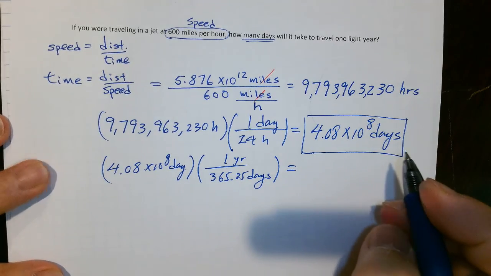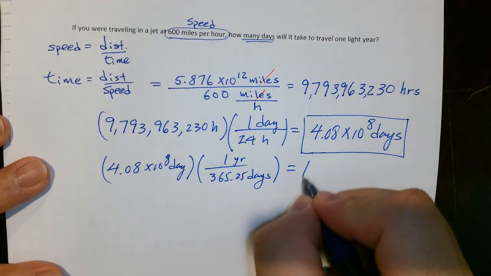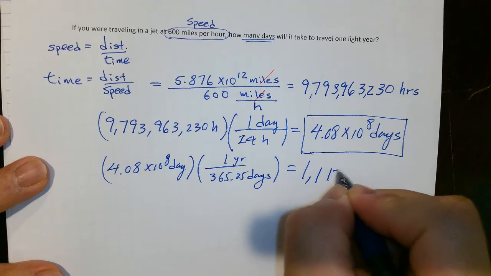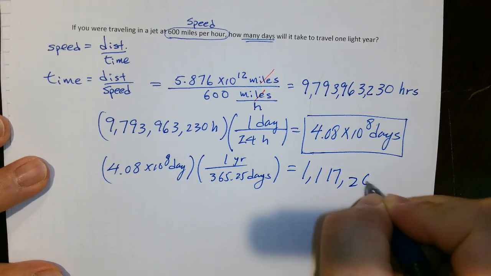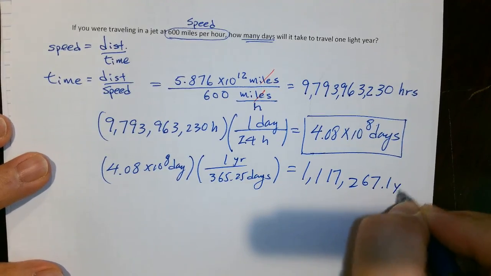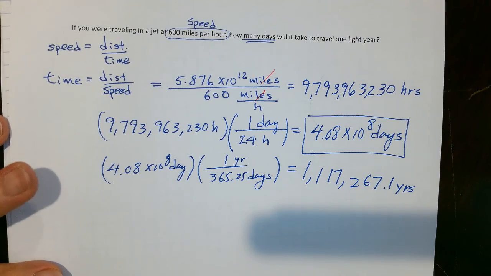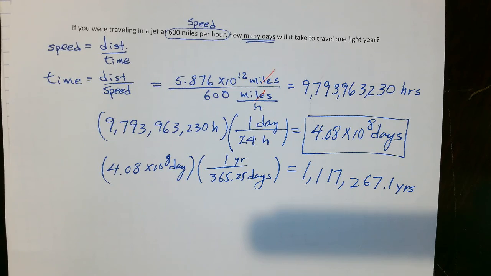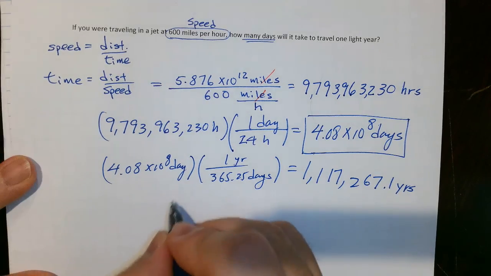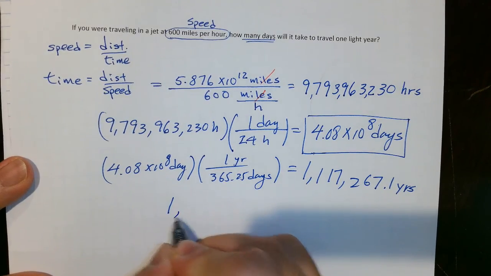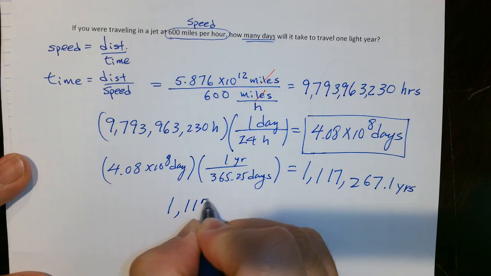It'll take us more than 1 million years to fly out to 1 light year on a commercial jet airplane, right? It'll take more than 1 million years.